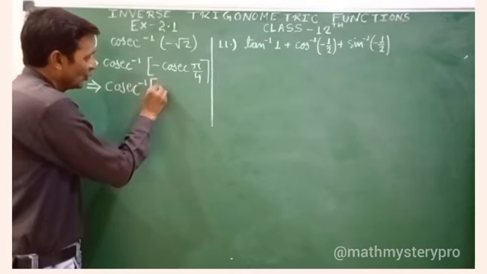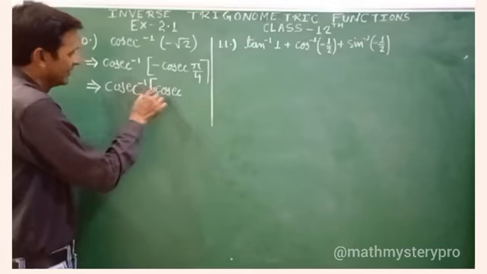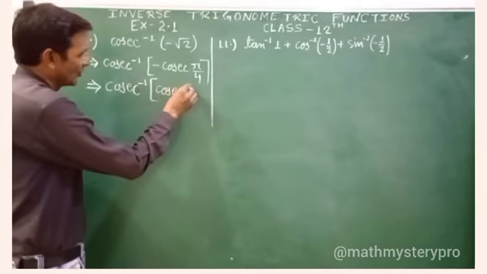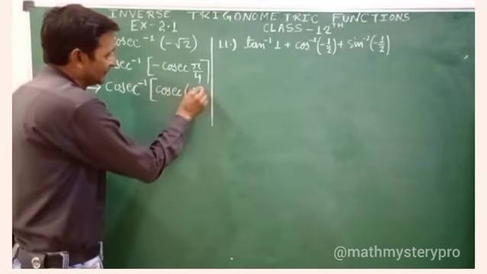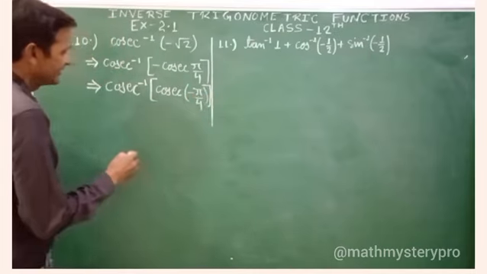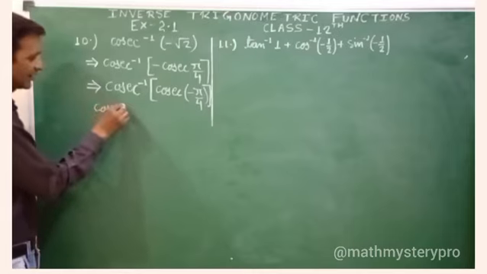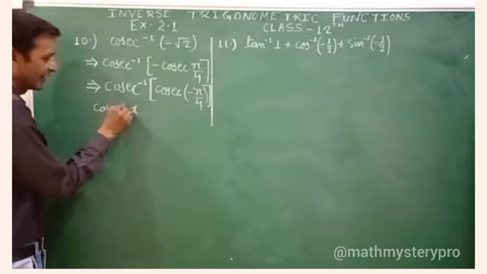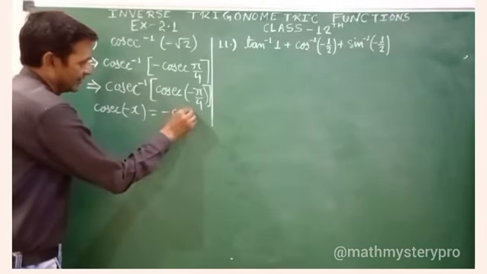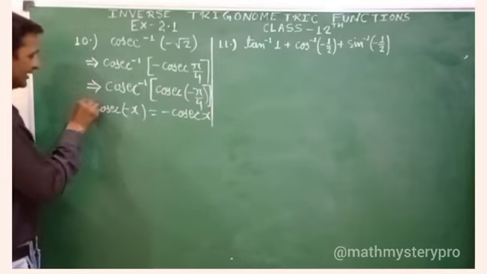So you can write it in this manner, cosec inverse in bracket cosec minus pi by 4. The reason is cosec minus theta is equal to minus cosec theta. Cosec minus x is equal to minus cosec x. This is one formula of class 11 in trigonometry.